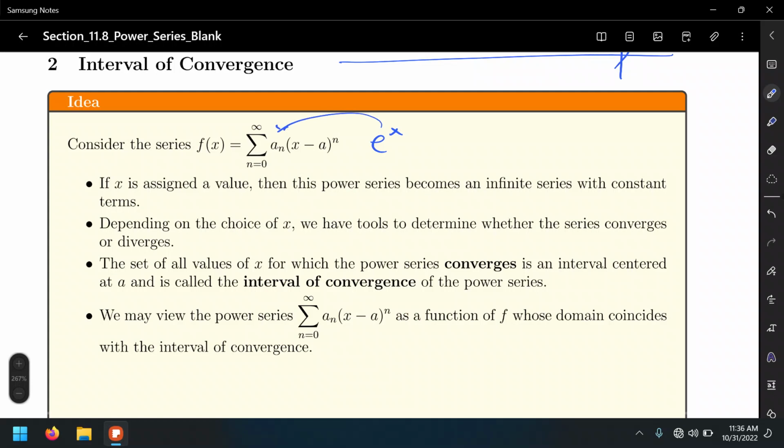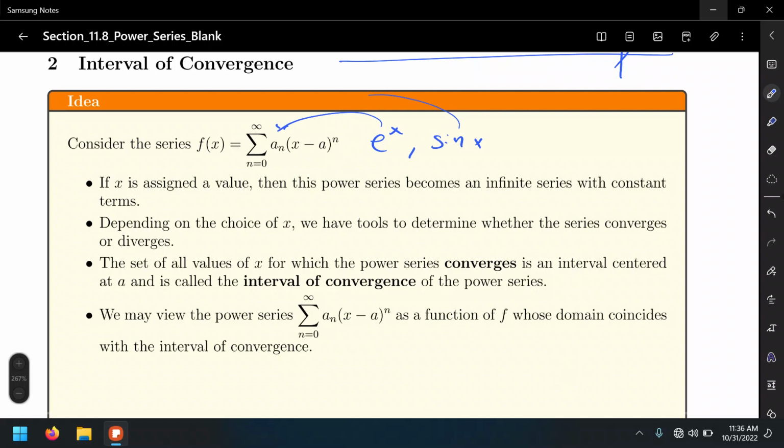For those of you who may have seen this before, I think you know what they are. Also, the function sine x has a series representation. The function cosine x has a series representation. The function 1 over 1 minus x, which is one of the most important functions, also has a series representation.